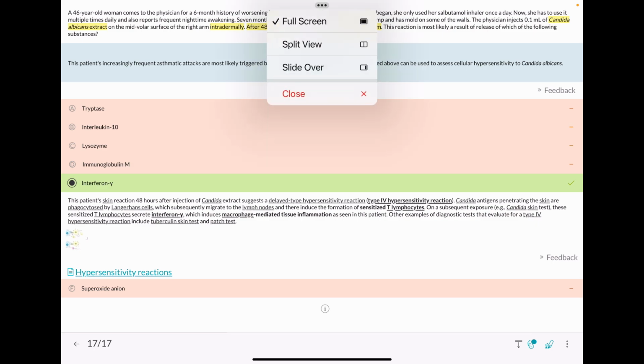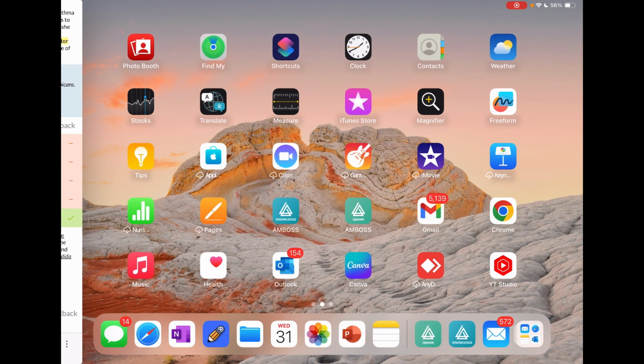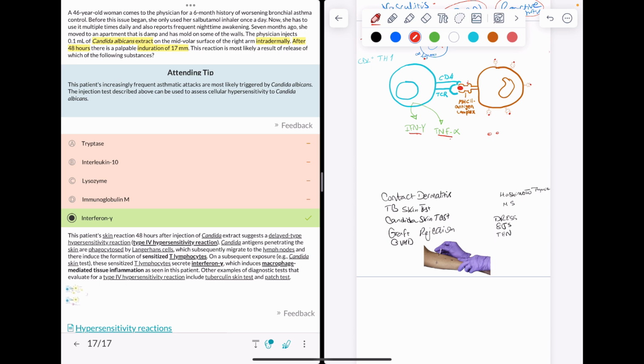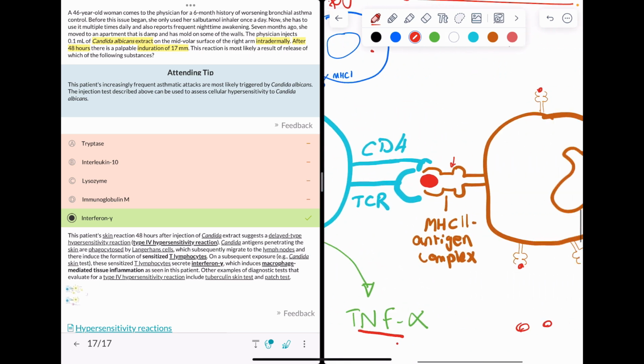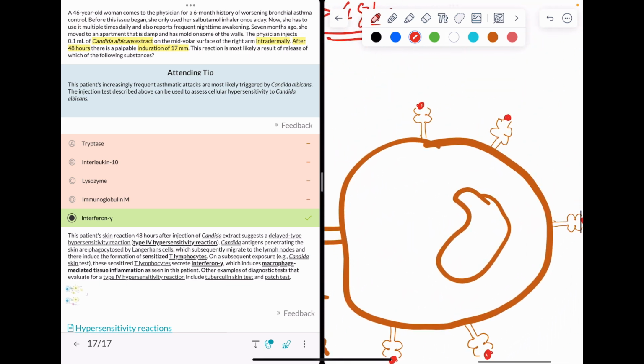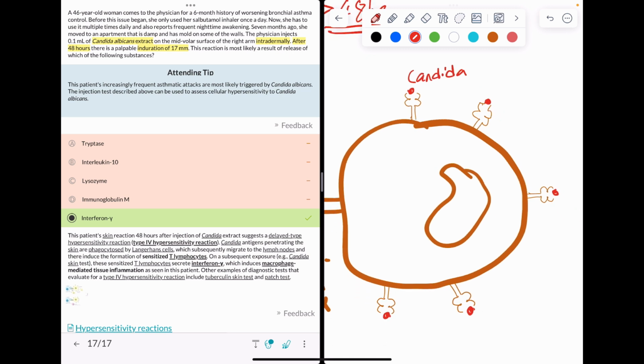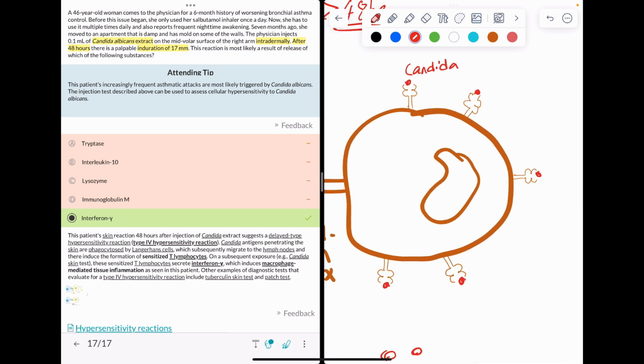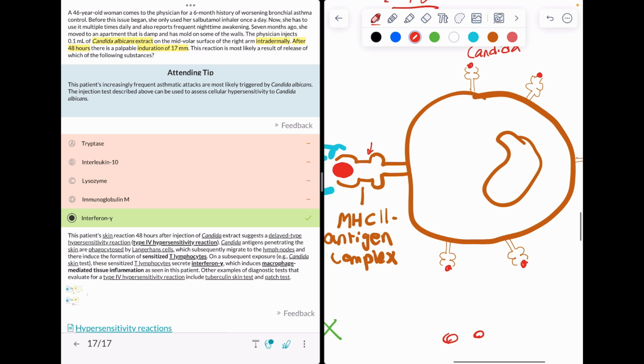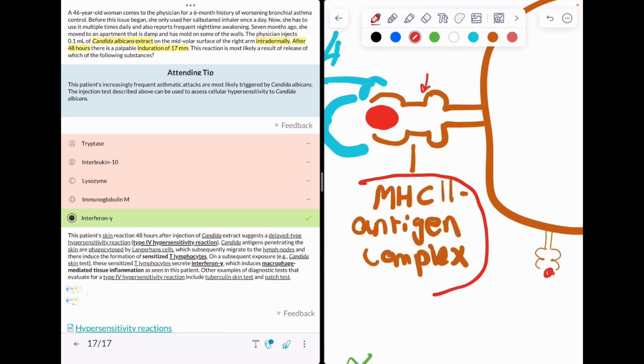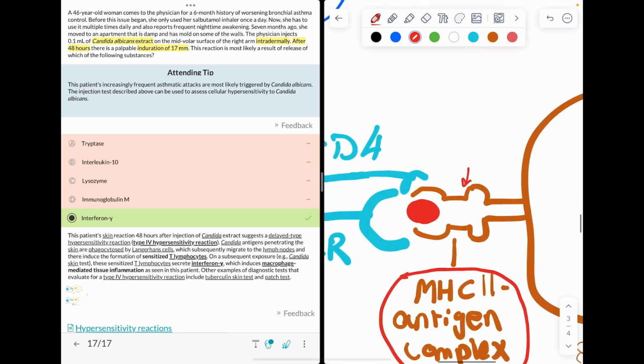Why is that? This is a cell-mediated immune reaction, guys. Let me show you what it involves. Here, you get exposed to an antigen, which is the candida, for instance. All right? This gets presented by the macrophages on MHC2 receptors, those in brown, okay?